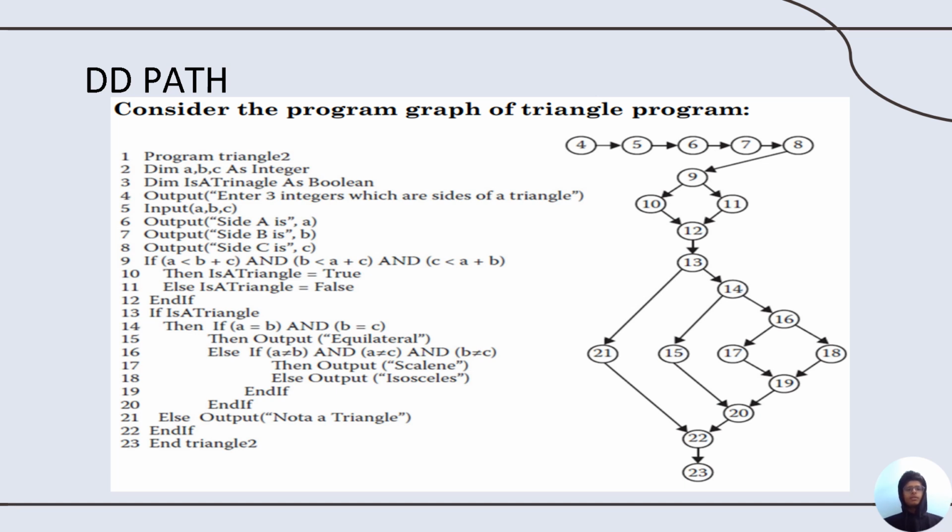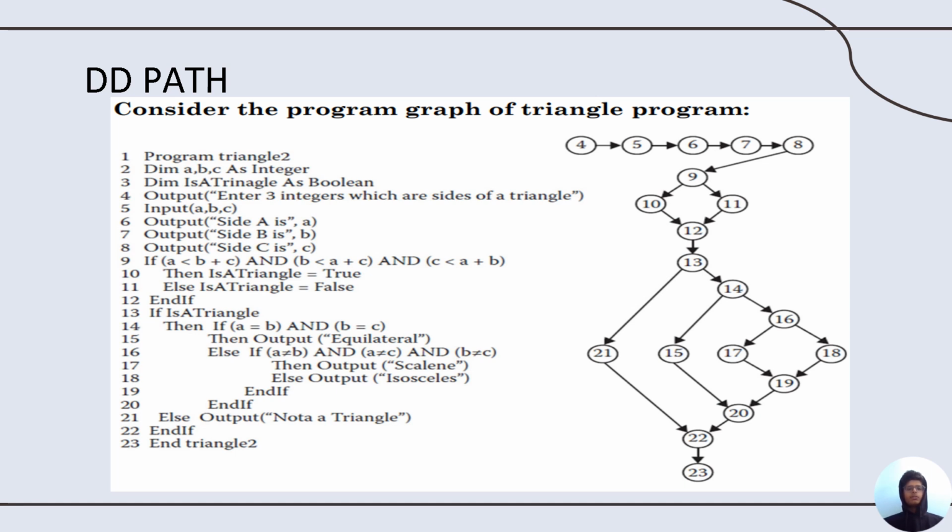Once we have given the input for these three values, we check whether it is a triangle or not. Here we can see the Boolean function, which means basically true or false. If a is smaller than b plus c, and b is smaller than a plus c, and c is smaller than a plus b, so the if condition goes through all these statements.